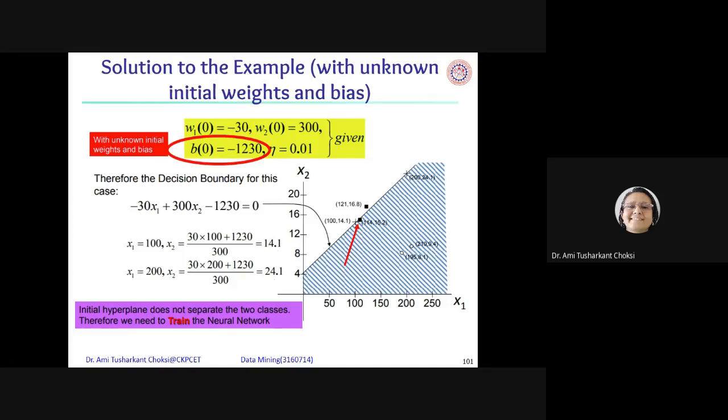But there we are not able to get the linearly separable classes. So we have to train the neural network with all the known fruits, and their classes.